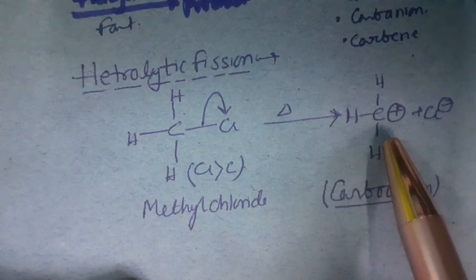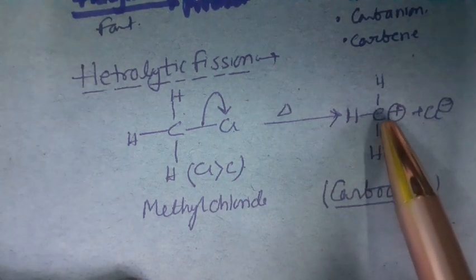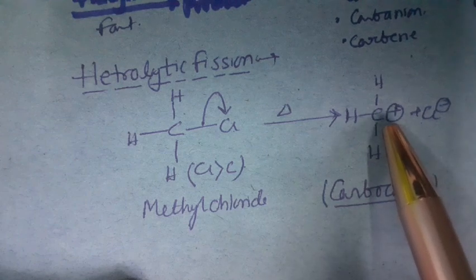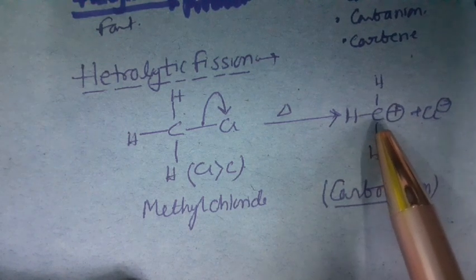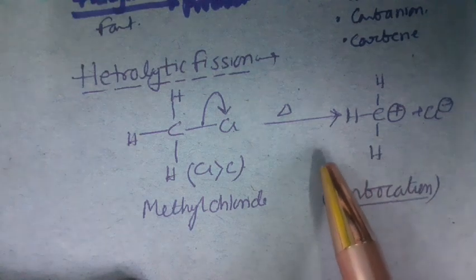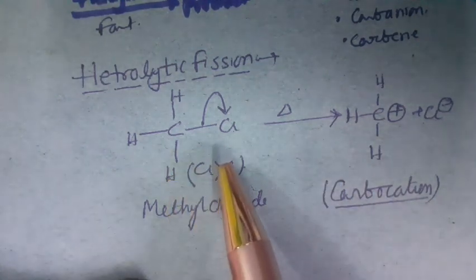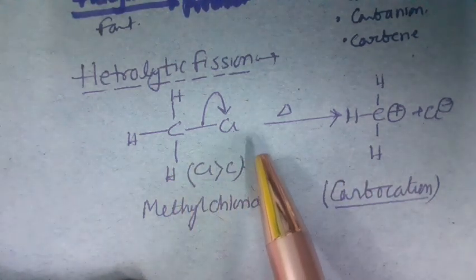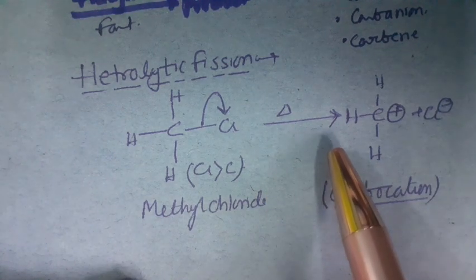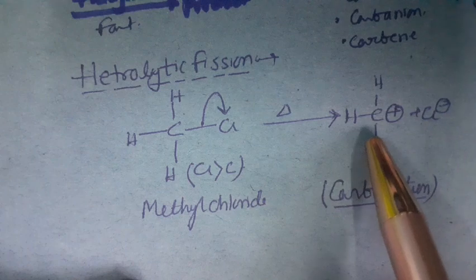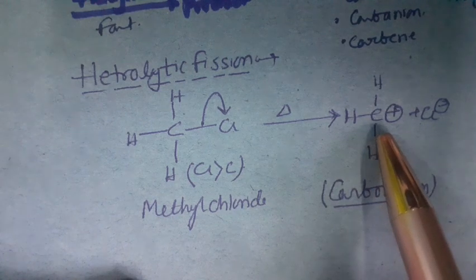So it is a carbocation. Why is it called a carbocation? Because the carbon atom acquires a positive charge on it, therefore it is known as a carbocation. Whenever heterolytic bond fission occurs on applying heat, it is very important to remember that it causes the formation of oppositely charged ions.